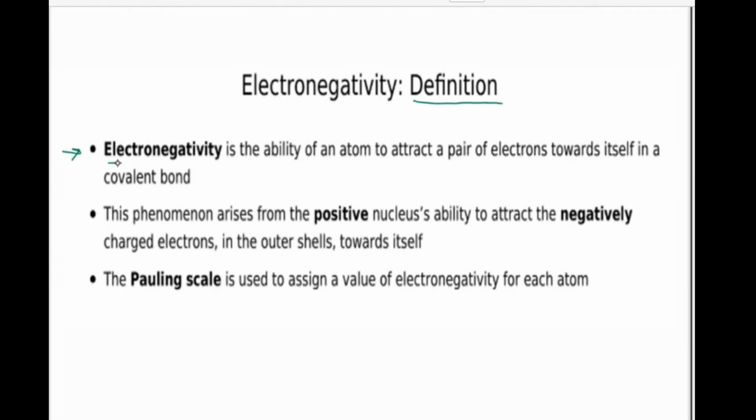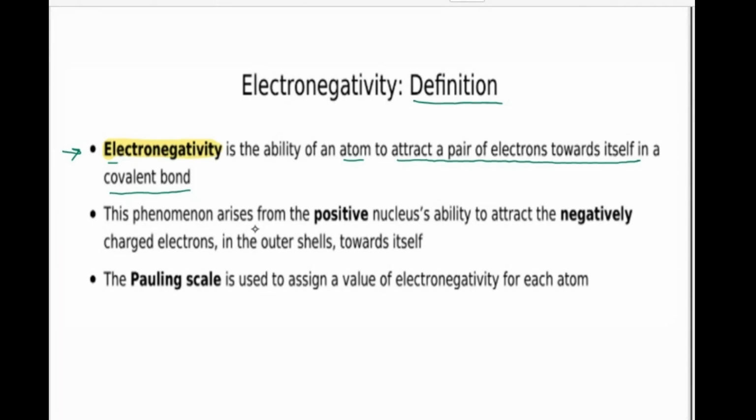So we define electronegativity as the ability of an atom to attract a pair of electrons toward itself in a covalent molecule. Right now, we are not talking about ionic compounds or metallic bonding. We are elaborating on covalent molecules, right? So this is your definition.